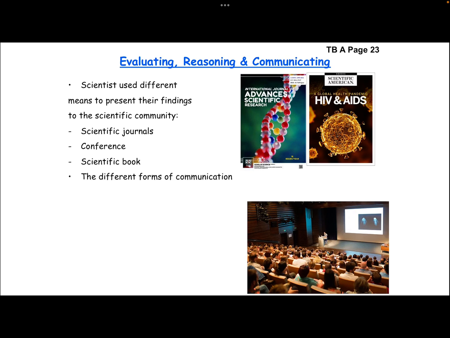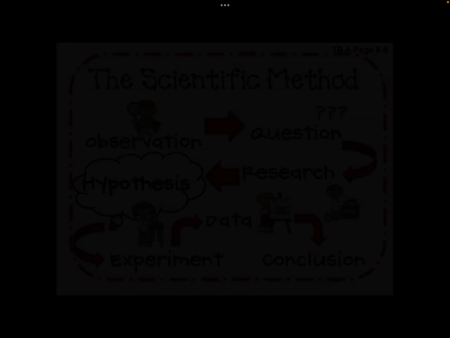The different forms of communication allow scientific ideas to be critiqued, meaning you present your idea, other people hear you and ask you questions, and you explain. If you can explain your idea and everybody is convinced, then your new idea is accepted by other people.